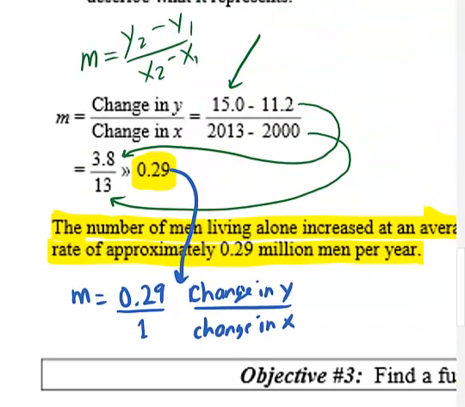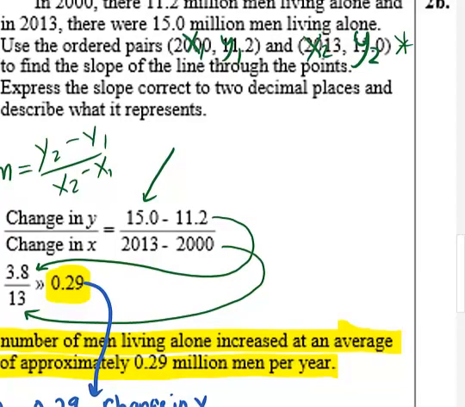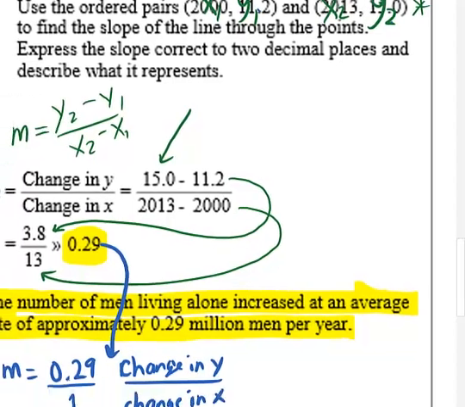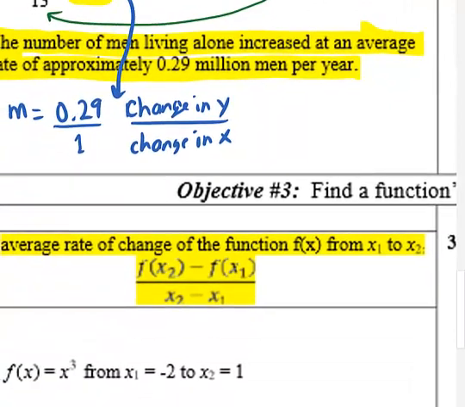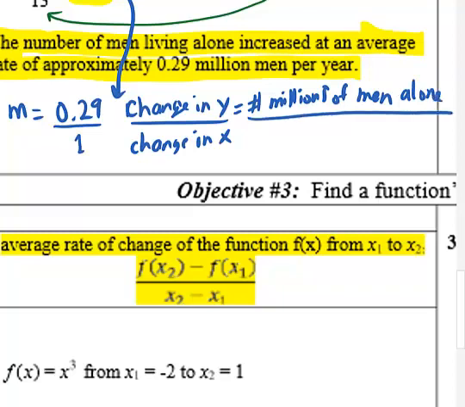I already forgot. The y values were 11.2 and 15.0. That was the number of millions of men living alone? Is that right? Yeah. Number of millions of men living alone. And the change in x was the number of years that passed.